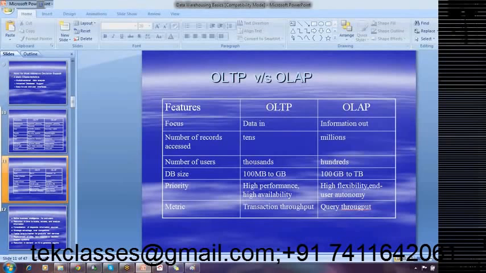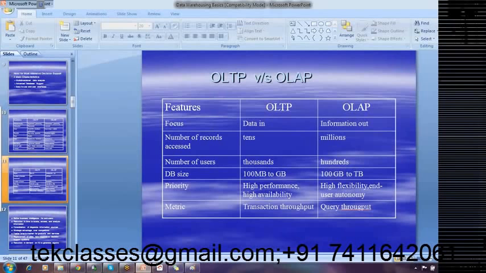So when it comes to OLTP, the number of records present in the OLTP system will be very small because it doesn't store the historical data. Whereas your OLAP system stores the historical data, that's why you'll have millions and millions of records.